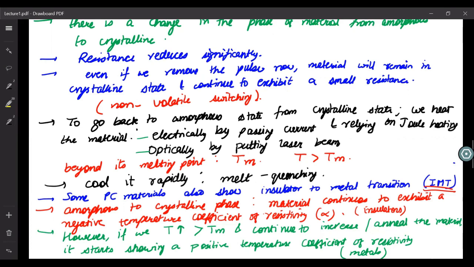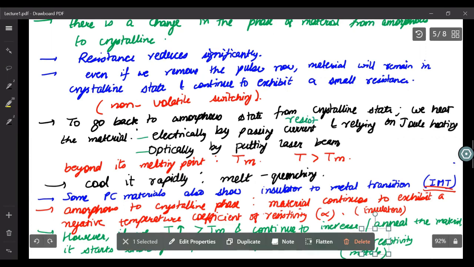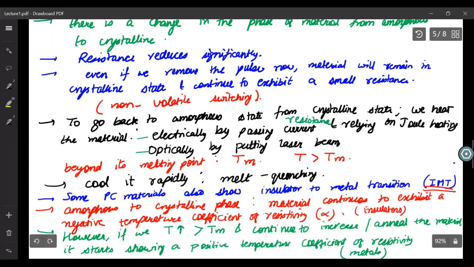Electrically we can sense by measuring resistance, and optically what we measure is reflectance. We have a low power laser beam that we apply on the phase change material, and we look at what is coming out of that. If it is highly reflective, then it's crystalline. If it is not reflective at all, it is amorphous. So that was about sensing.